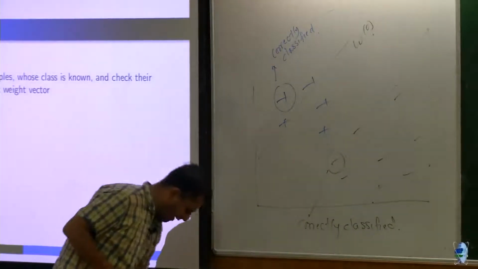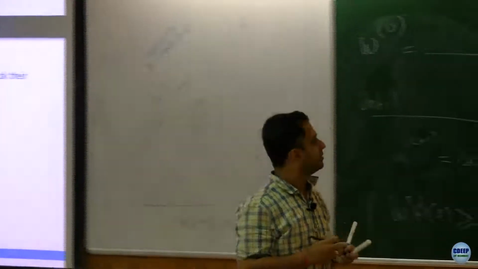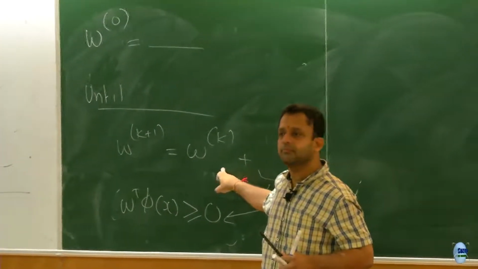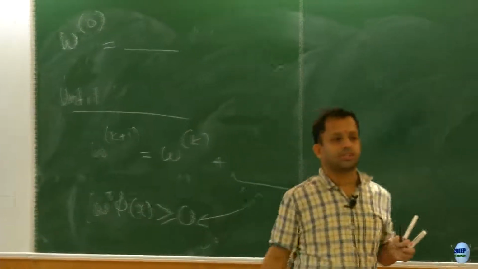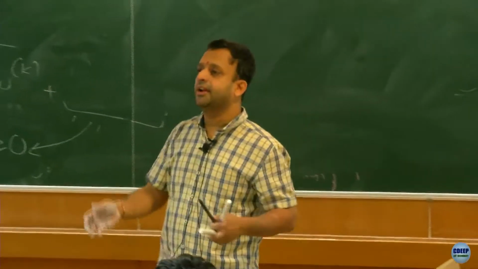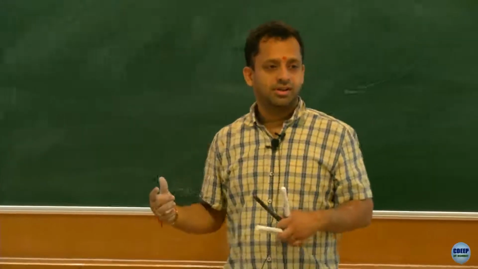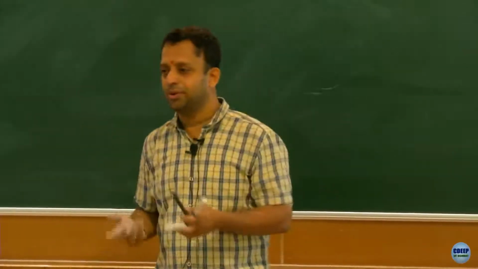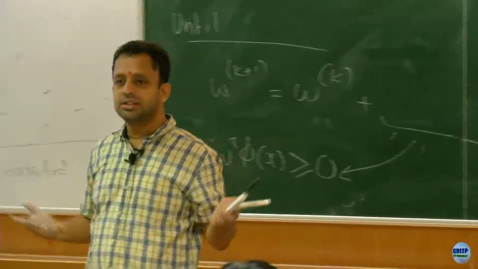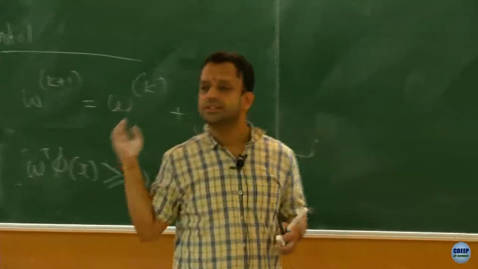So what will I do if I come across a point which is correctly classified? Should I update the classifier? Should w_k be updated? No, there is no need. And this is how we learn, right? So as kids, they try some experiment, press a button or two on the mobile phone, the song doesn't come on, then they try some other button. That's how you do it. If something worked, then you repeat it. Something didn't work, you try something else. So if it worked already, why change your strategy?